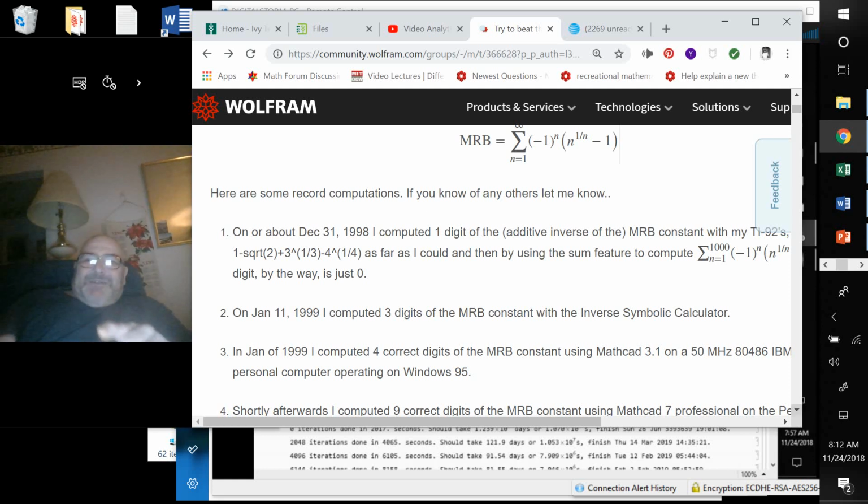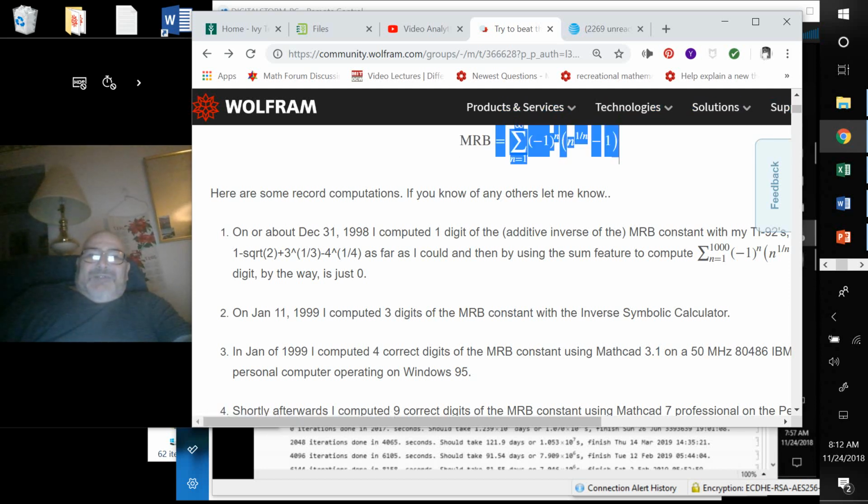It was direct summing. I forget how MathCAD works, but you have these pictures of math, and you put everything together the way it would appear in a paper, and it does the computations of everything below what you have. And so I had it sum 1 to 10,000 or 100,000 or 1,000,000 on the formula for the MRB constant right here again.